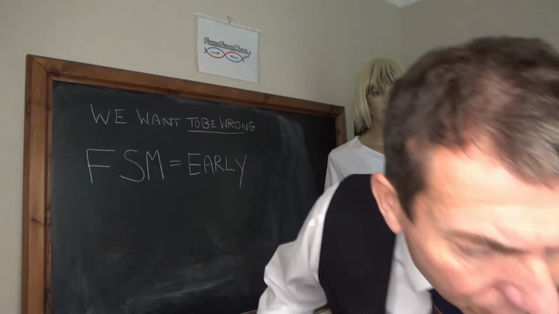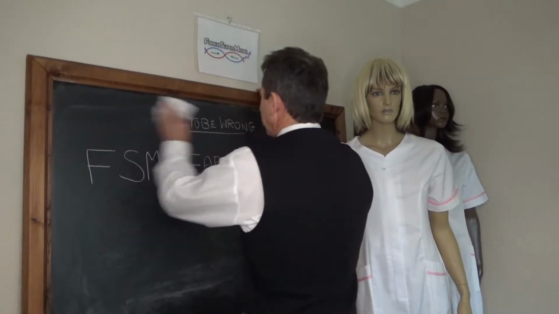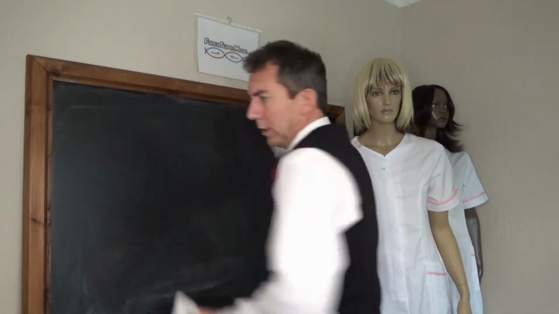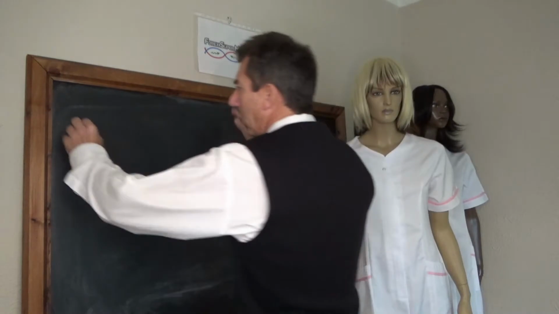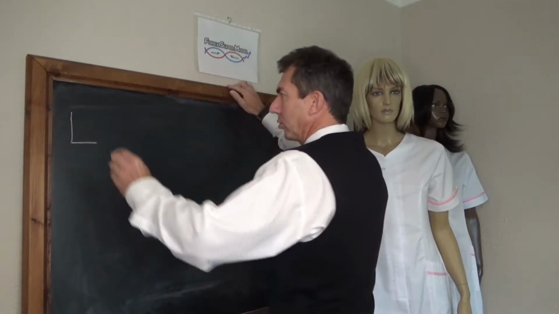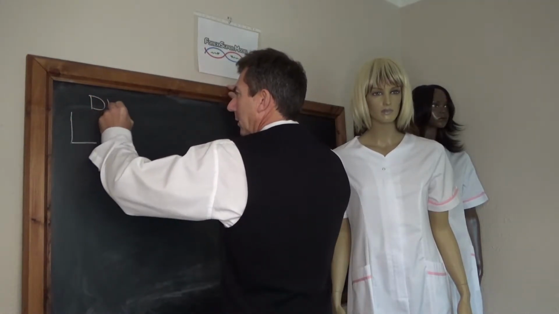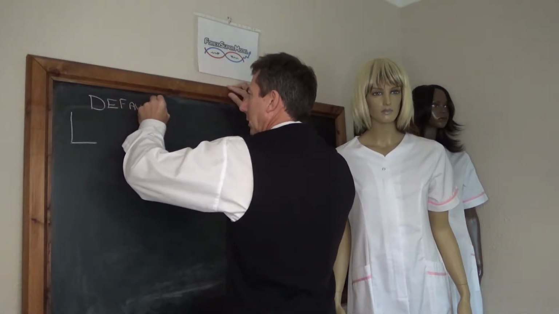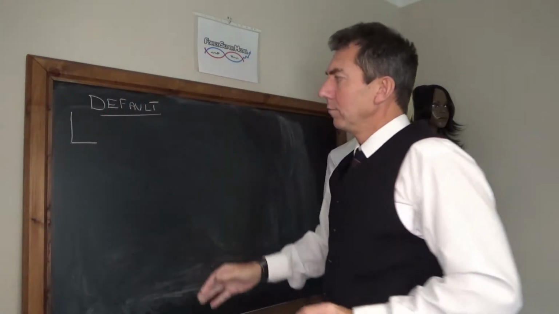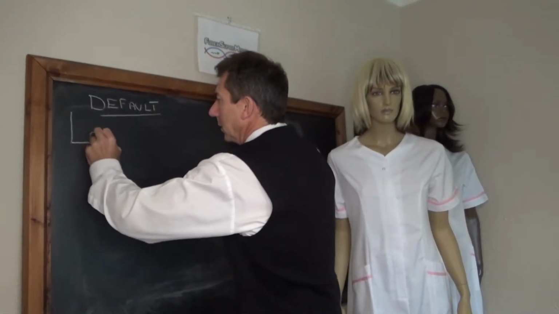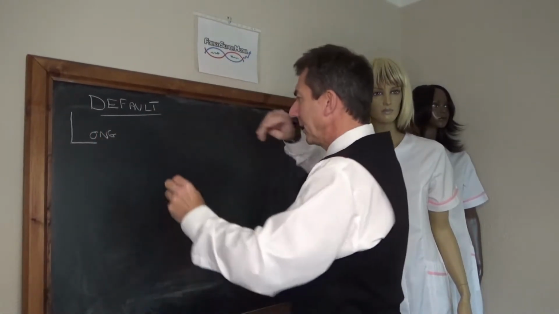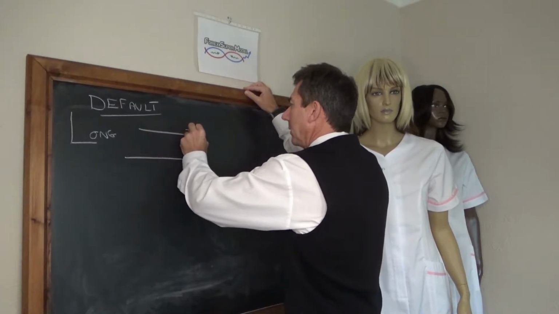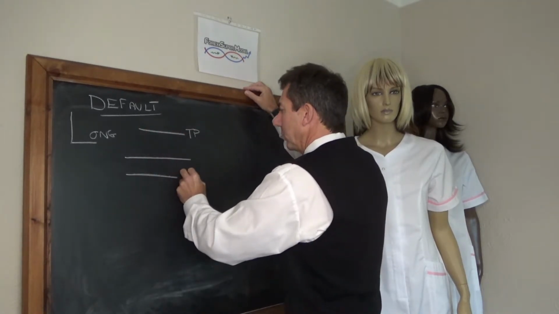So just rub this off a minute. Now, if we want to go long and we're a default trader, so that's long. Now, as I said, we have an entry and we have a TP, a take profit, and we have a stop.